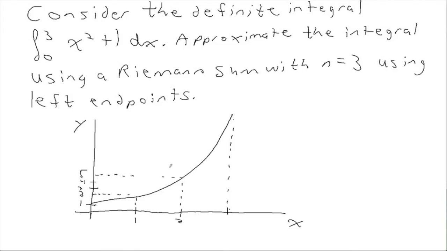Draw the curve first and then force the hash marks to match up. That's easier than drawing the hash marks first and trying to draw freehand a curve that matches up. And then we know this point is 3. Although actually you probably didn't even have to go this far for this problem, did you? Nope. But anyway, 3, that would be 10. So then you could call this 6, 7, 8, 9.